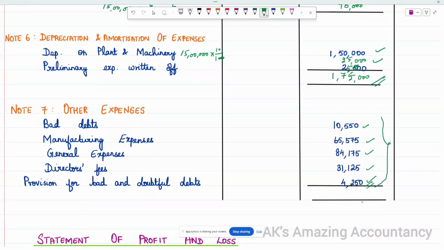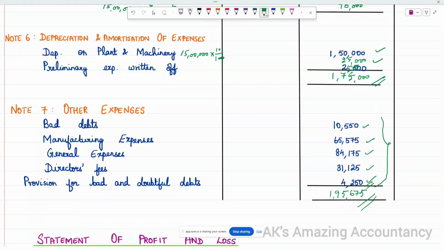So when you add all these amounts together, 1,95,675 will be the total of note number 7.